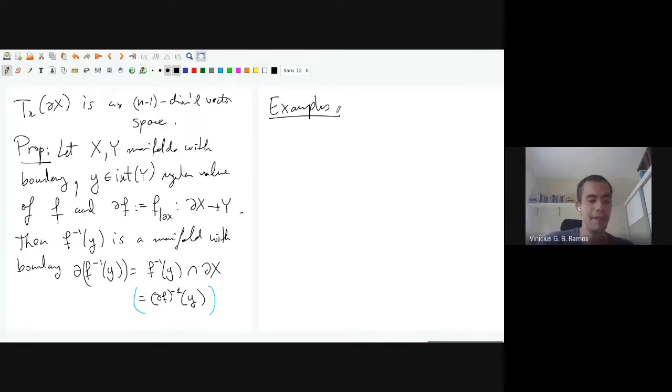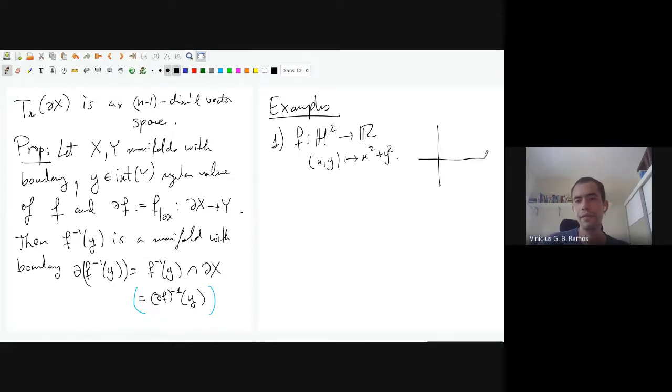So I guess the first example is, let's say that you have a function from H2 to R that takes (x, y) to x squared plus y squared. So here's H2, just this part here.